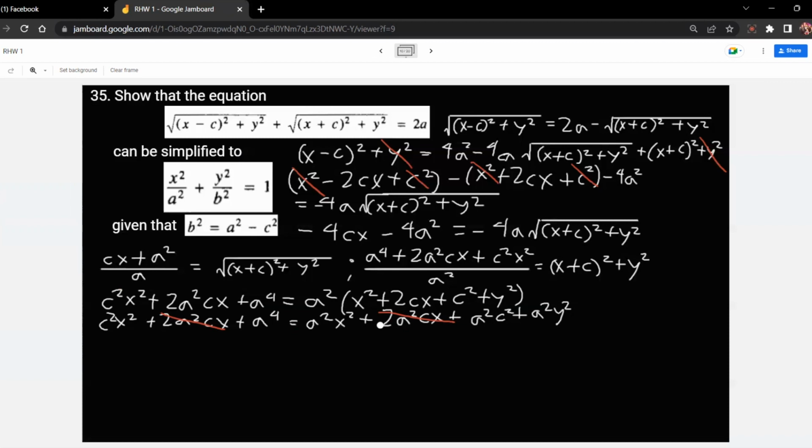Bakit x minus c? X plus c, okay. B plus c over a.